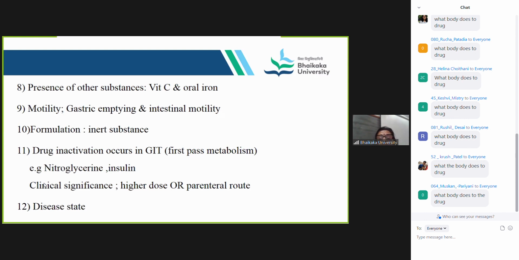One has to change the route, or give a higher dose of the drug having first pass metabolism. Disease state, GIT disease or any other disease, can reduce the absorption of the drug, but especially if there are GIT disorders, then absorption of the drug may reduce.